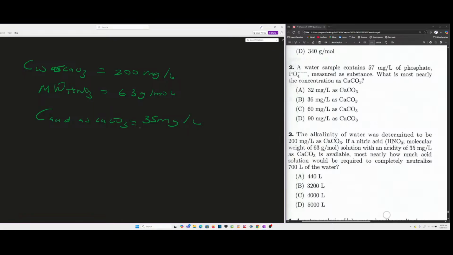And they also said most nearly how much acid solution would be required to completely neutralize 700 liters of water.